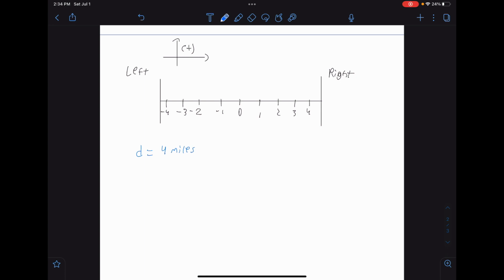What if I told you the direction now? I said, okay, you're going to go 4 miles, but to the right side. And we travel 4 miles right. Well, then we would say the displacement is 4 miles right, or we would denote that as just positive 4. And we understand that it goes right because of our coordinate system that we defined up here, because positive means right. Now, what if I said go 4 miles to the left?